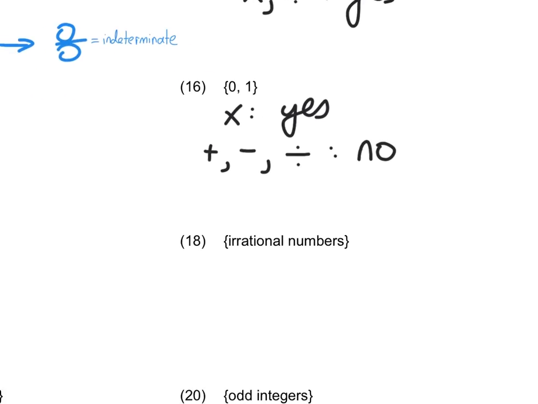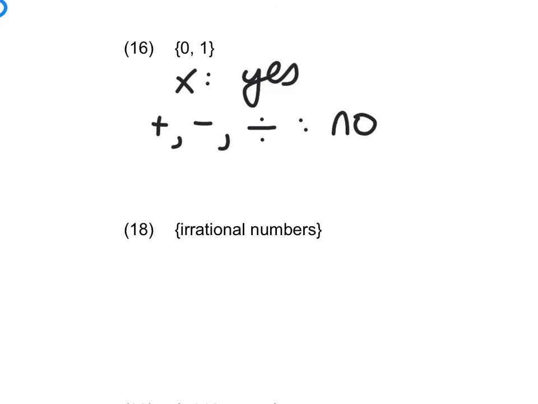Let me just zoom in here. So addition, I'm going to itemize this one, subtraction, multiplication, division. I know if I add two irrational numbers, or an irrational number with anything else, it's going to be irrational, so that's a yes. Subtraction, we can say no. What would my counterexample be?